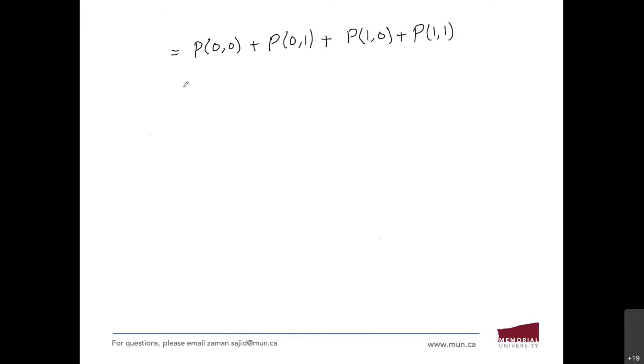Once you go back to the table and look at the values, it will be 0 plus 0.48 plus 0.06 plus 0.01, and the final answer is 0.94.